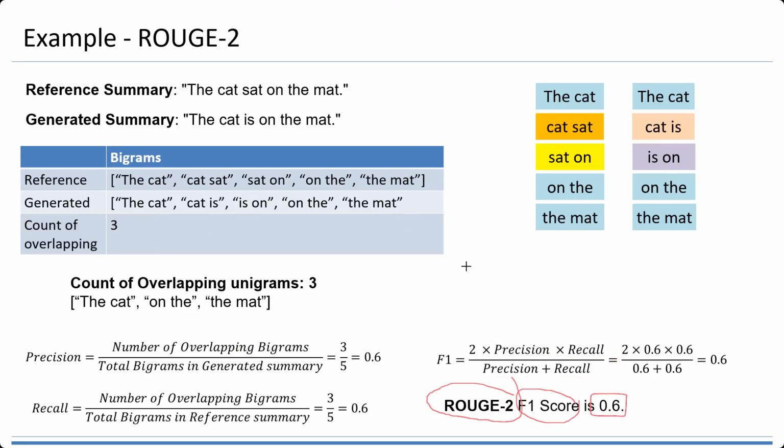Using this value, we can compare ROUGE-1 to ROUGE-2. So ROUGE-1 is higher than ROUGE-2. ROUGE-1 shows 0.83 and ROUGE-2 shows 0.6.